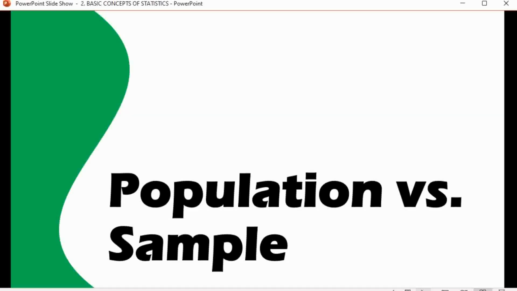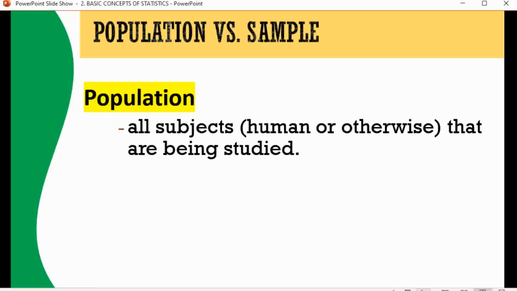To further our understanding about the branches of statistics and how they are interpreted, I would now present to you the definition of population and sample in statistics. When we talk about population, this focuses on the entire subject of a certain research or study.